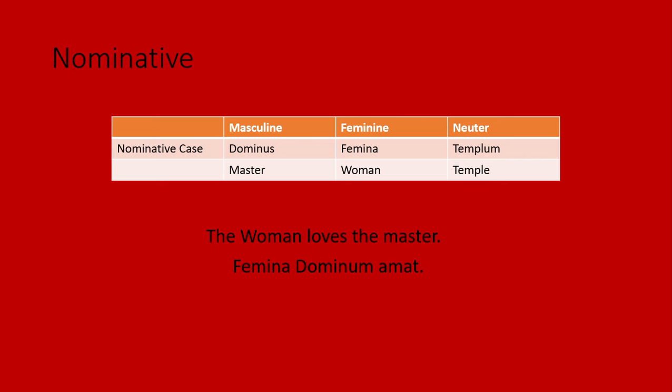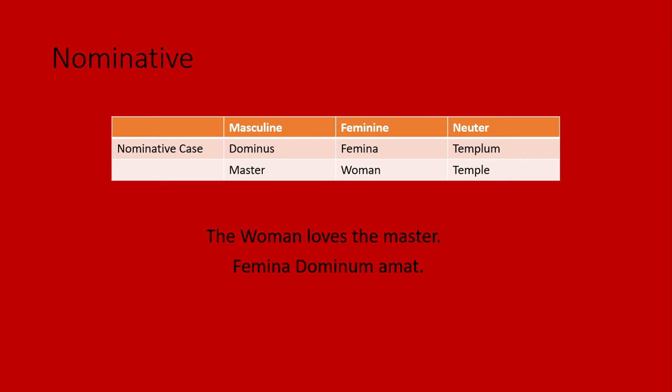And as you can see, we have masculine, feminine and neuter as the three genders that nouns can take. And while shown here, the masculine and the neuter are both part of the second declension of nouns, and the feminine, femina, is a first declension noun.